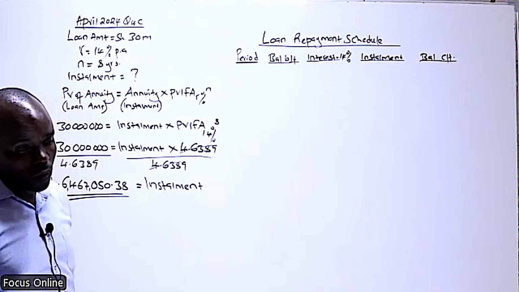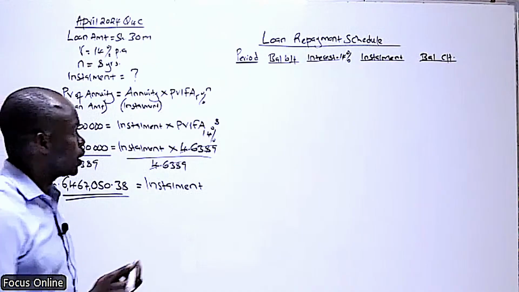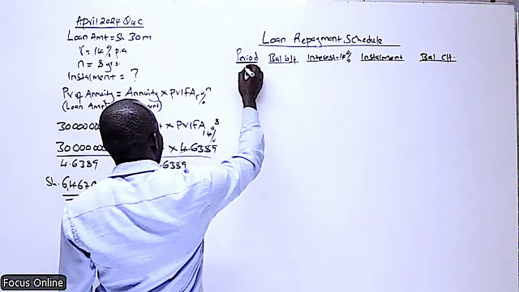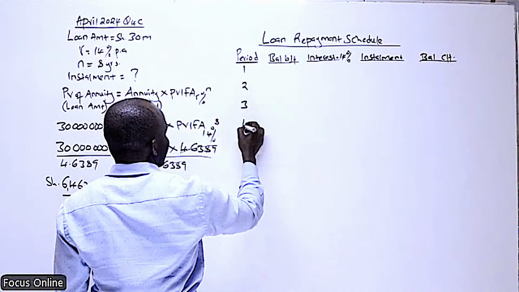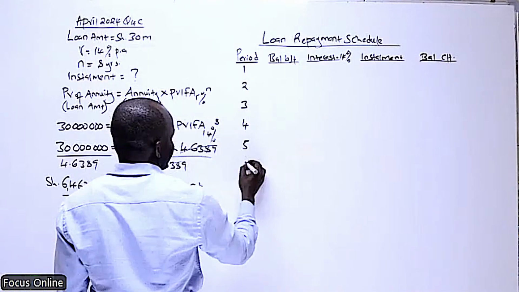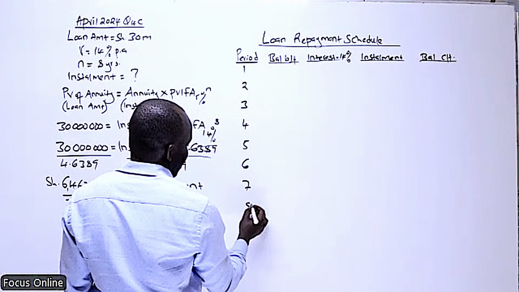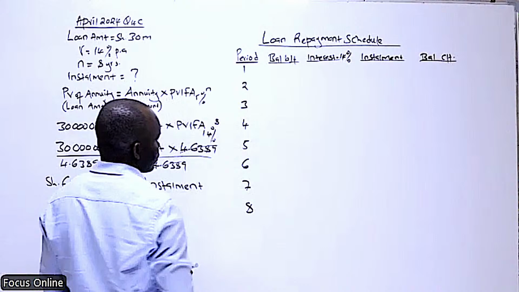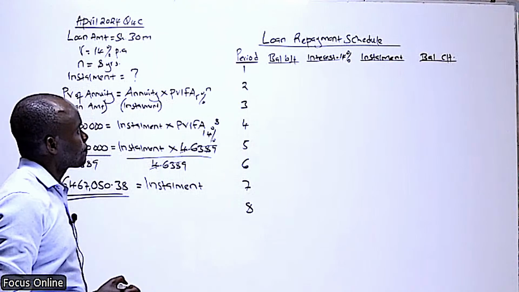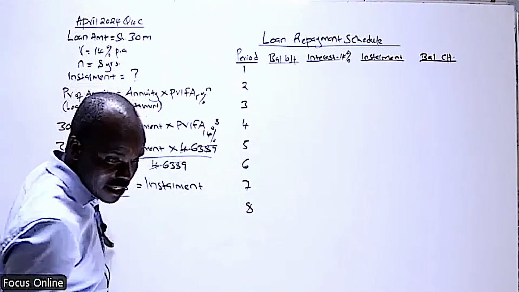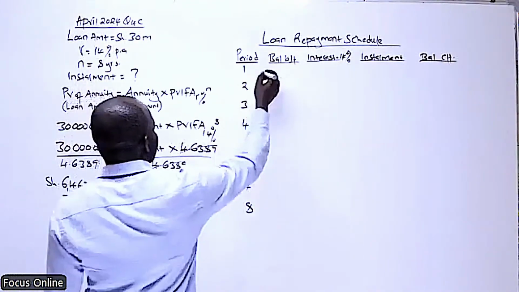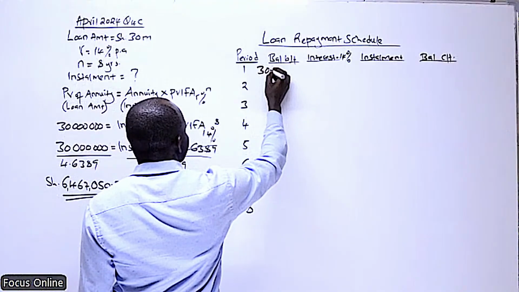So we have period 1, 2, 3, 4, 5, 6, 7, 8. We have 8 periods, then we have 8 installments. Now before that, how much have we borrowed? We borrowed 30 million.